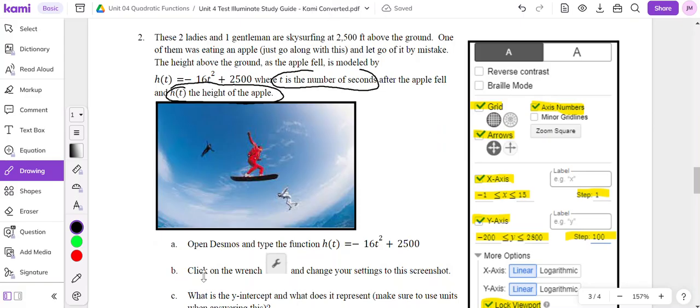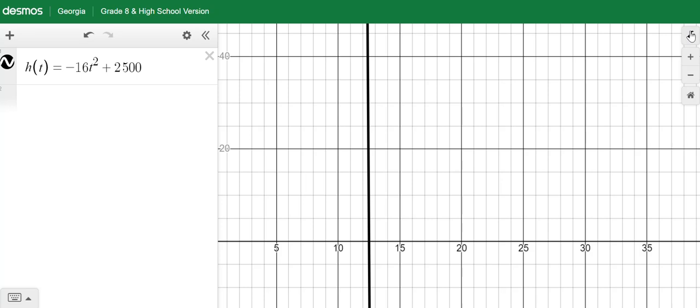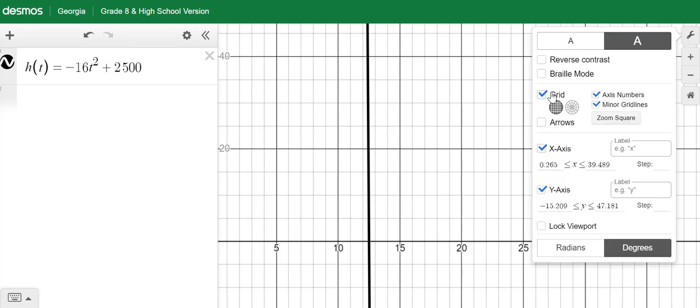Okay. Click on the wrench and change your settings to this screenshot. Negative 1 to 15. Negative 200 to 2,800. Let's start working on that. Here we go. Grid.